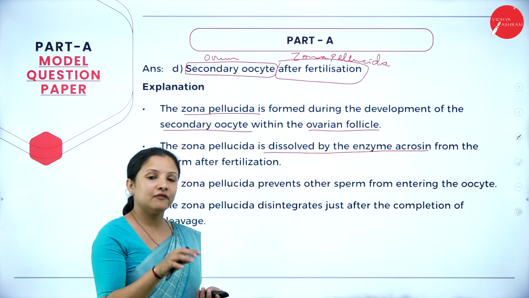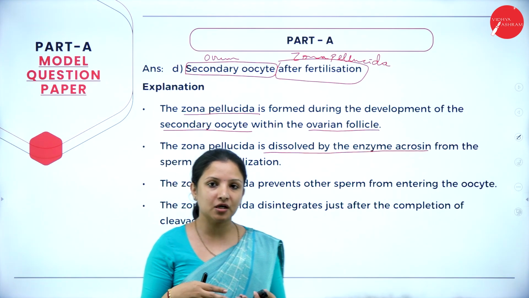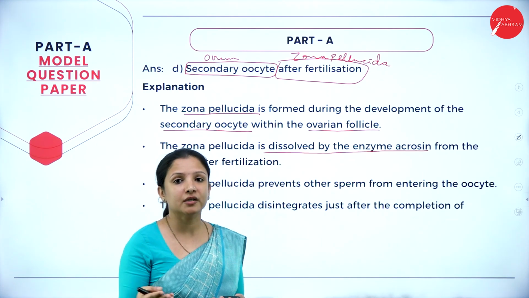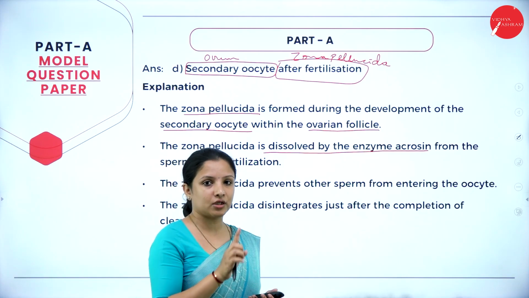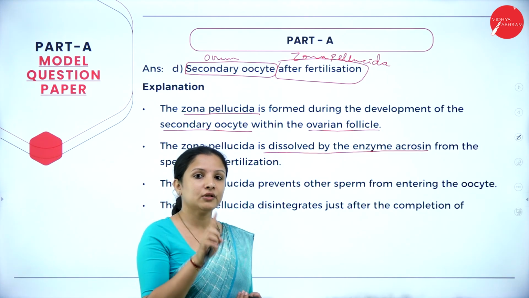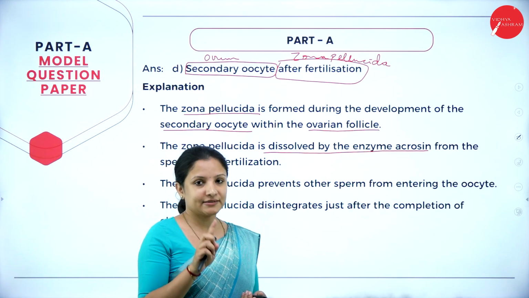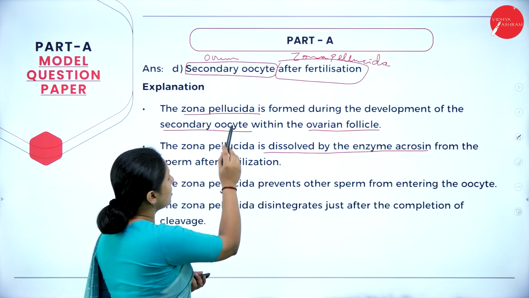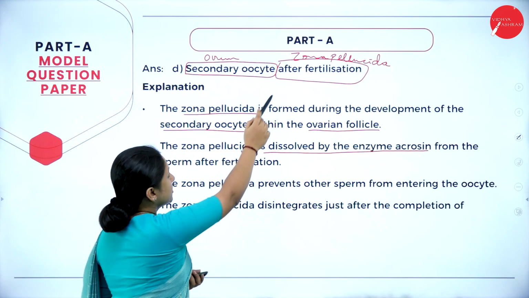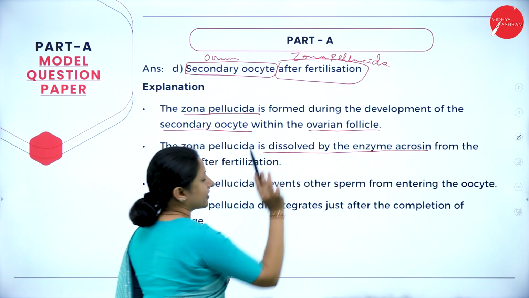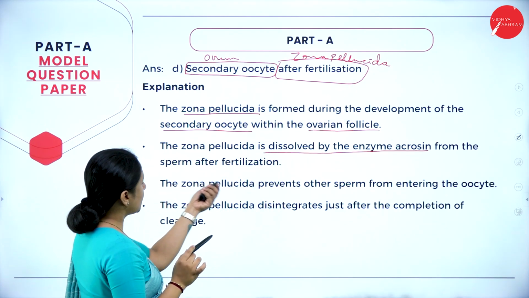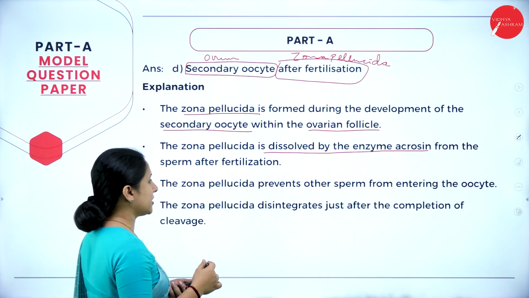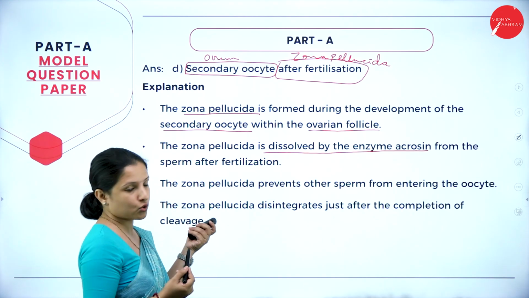Before fertilization the zona pellucida is present so that it allows only one sperm to fertilize the ova or the egg. Otherwise, all the millions of sperms that are traveling can go and fertilize the egg. So, to prevent that, the zona pellucida is there. As soon as one sperm fertilizes the egg, the zona pellucida will get dissolved. So, therefore, zona pellucida dissolves after fertilization, and after fertilization is the correct answer here. The zona pellucida prevents other sperms from entering the oocyte, and I've already told about that.